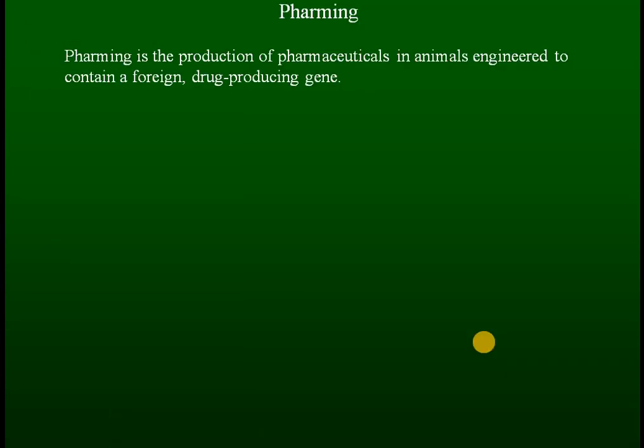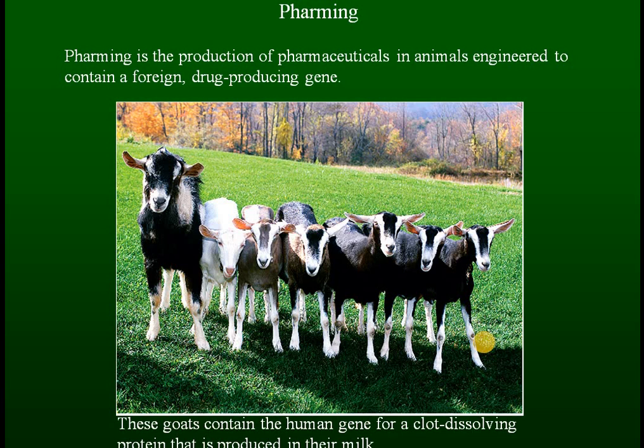So what is the use of recombinant DNA technology in farming? So farming is the production of pharmaceuticals in animals engineered to contain a foreign or drug producing gene. For example, here you can see these are goats, which are recombinant goats. In these goats there is a gene responsible for the dissolving of clots.